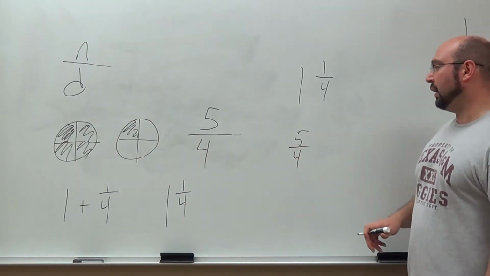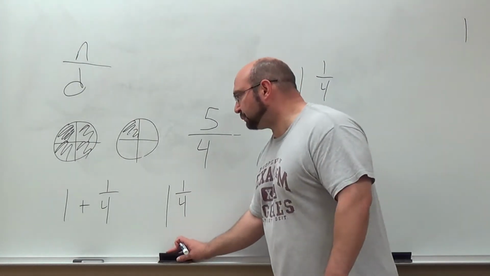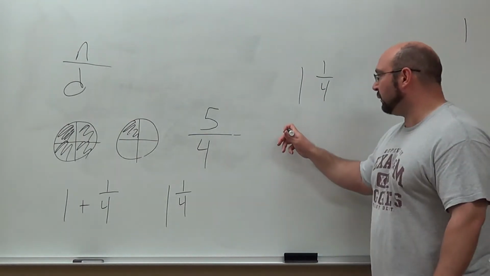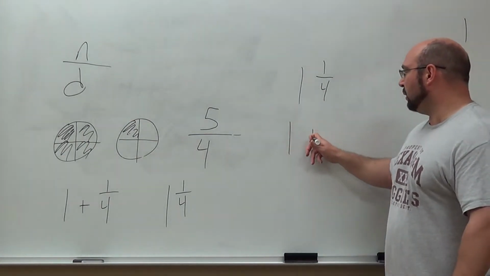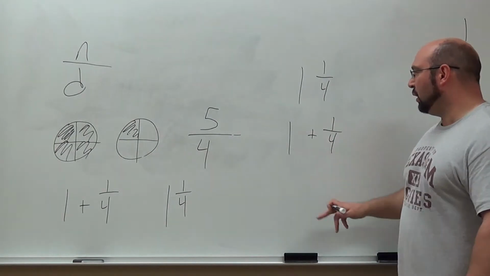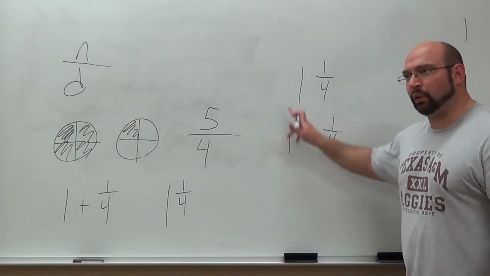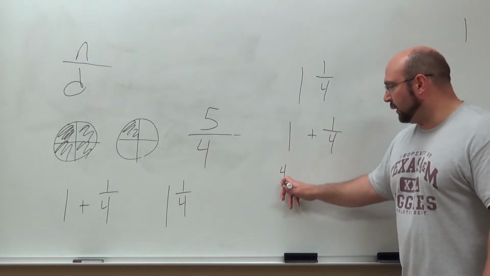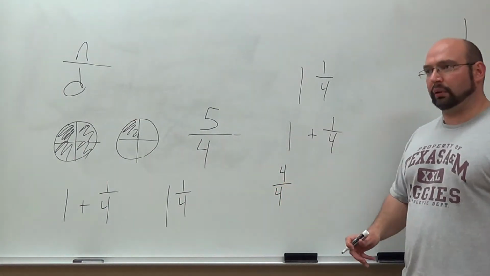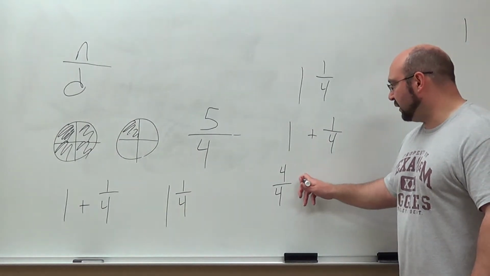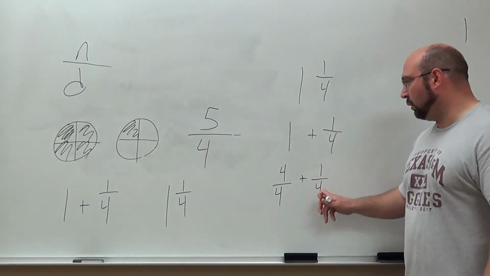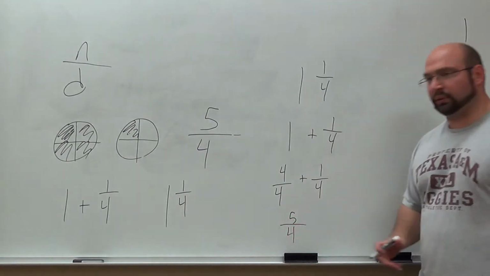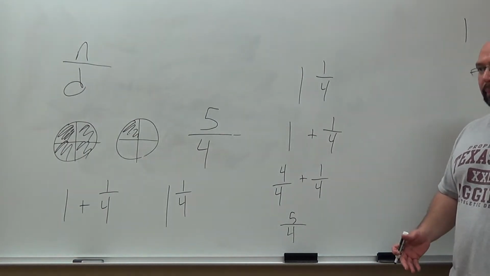The reason for that is what we're really doing is saying this is 1 and this is 1/4. We know that 1 is really 4 out of 4, and this is 1 out of 4. So together, this is going to be 5 out of 4. That's where that comes from.